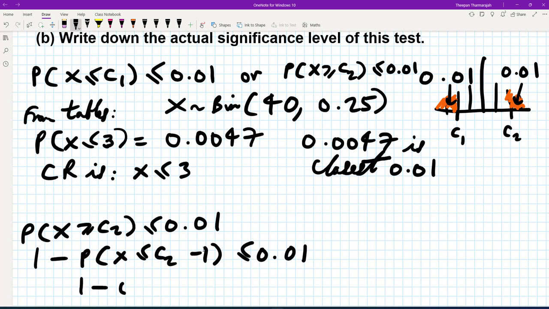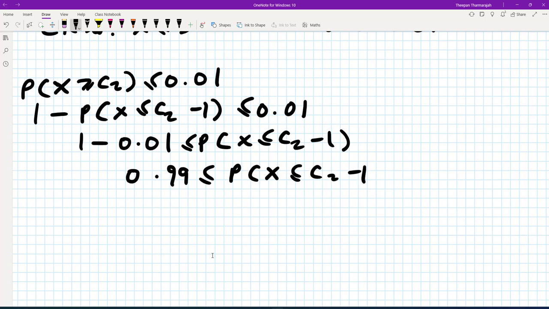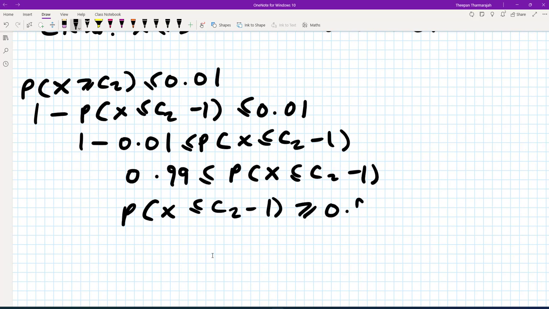So we can say 1 minus 0.01 is less than or equal to the probability that X is less than or equal to C2 minus 1. So here that's 0.99 is less than or equal to the probability that X is less than or equal to C2 minus 1. In other words, the probability that X is less than or equal to C2 minus 1 is greater than or equal to 0.99.